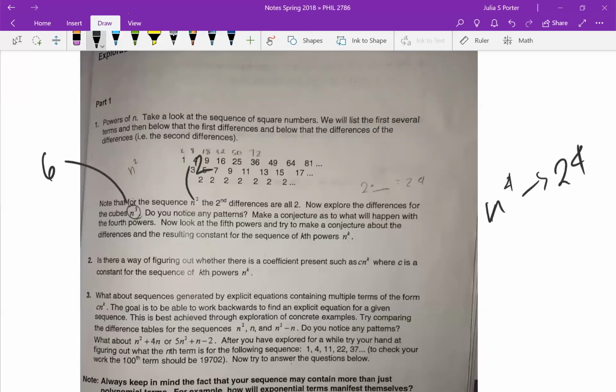And through some experimentation, we found that this equals 3 factorial, 2 factorial, and 4 factorial, and came up with a general representation, which exemplifies MP8, to look for and express regularity and repeated reasoning.